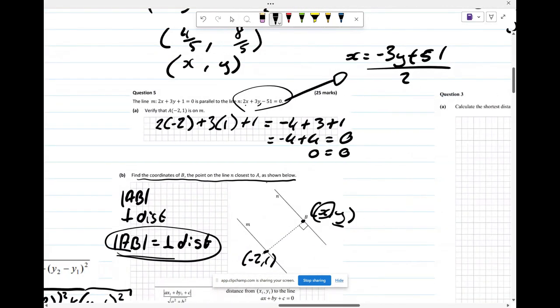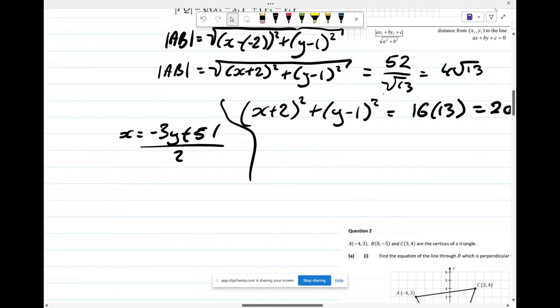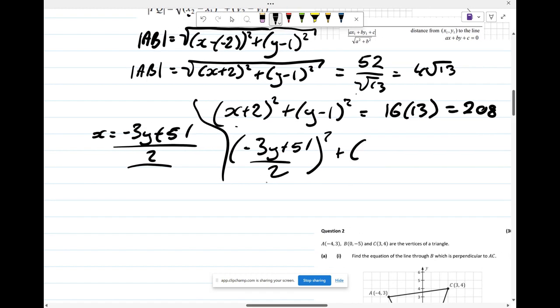And this is going to be our information up here. We know that point B sits on the line, and we have a way of finding either y or x from this equation up here. So that's what I did. I found x in terms of y, and now I can just sub in. Anywhere I see x here, I can sub in this. So that's (-3y + 51) over 2, squared, plus (y - 1) squared is equal to 208.